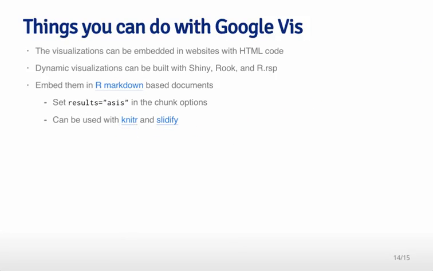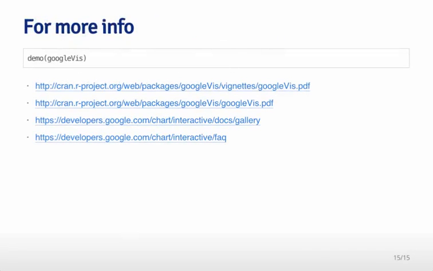So you can embed them in interactive documents, you can put them on the web, and you can share them with your friends. For more information and to see a whole bunch of other GoogleVis plots, you can load the googleVis package and then type demo(googleVis), and it'll go through plot by plot explaining to you how those plots work.